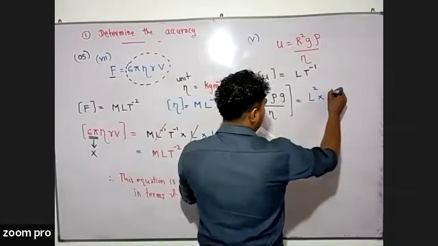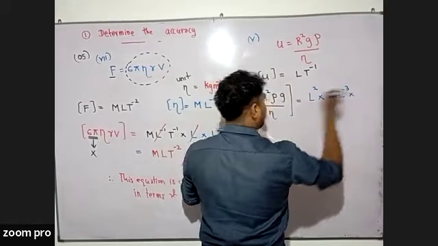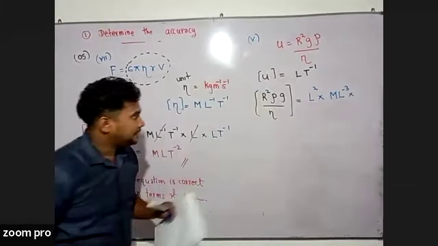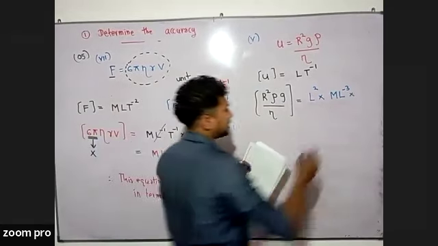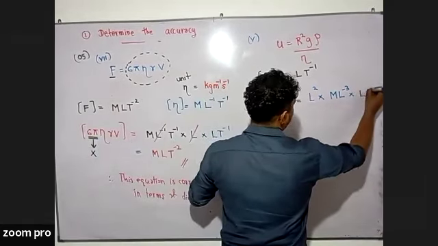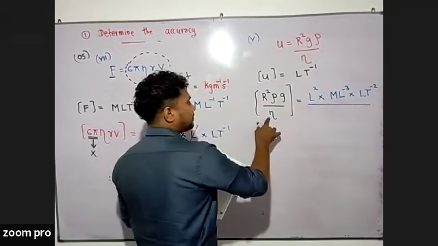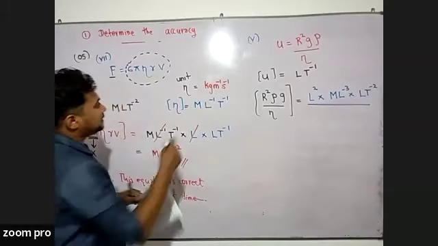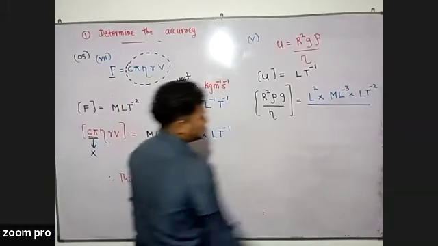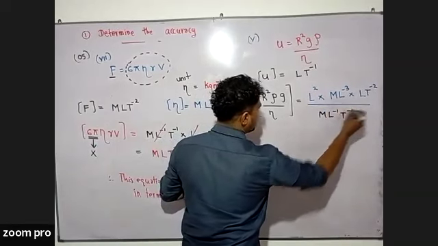So the dimensions of density are M L^-3. Then G represents the gravitational acceleration, so it should be LT^-2, over eta. This represents the coefficient of viscosity. Guys, this is the dimensions of coefficient of viscosity. What is it? ML^-1 T^-1.